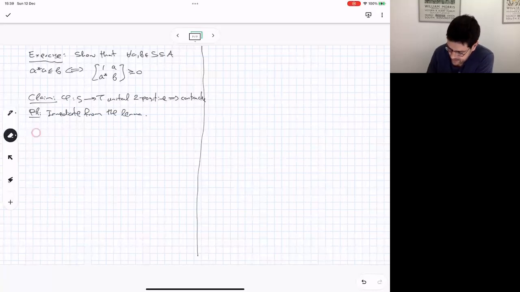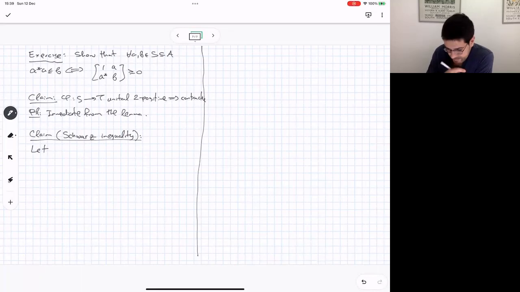Another claim that is very useful and sometimes called the Schwarz inequality, or Cauchy-Schwarz, or Kadison-Schwarz, but let me call it the Schwarz inequality. Let phi from S to T be unital 2-positive.